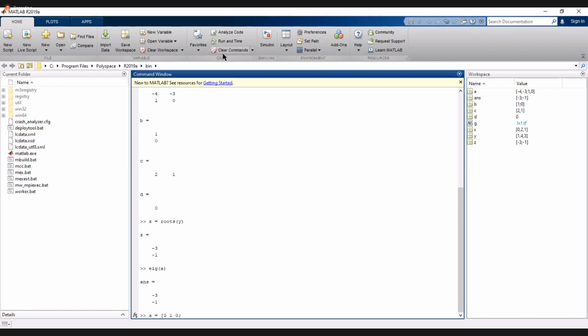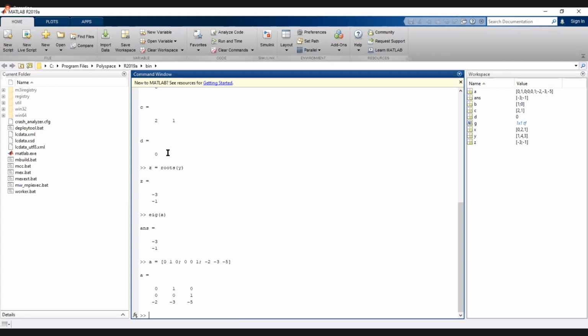And then 0, 0, 1. And then it is minus 2, minus 3, minus 5. I can't close the bracket. So that is A.